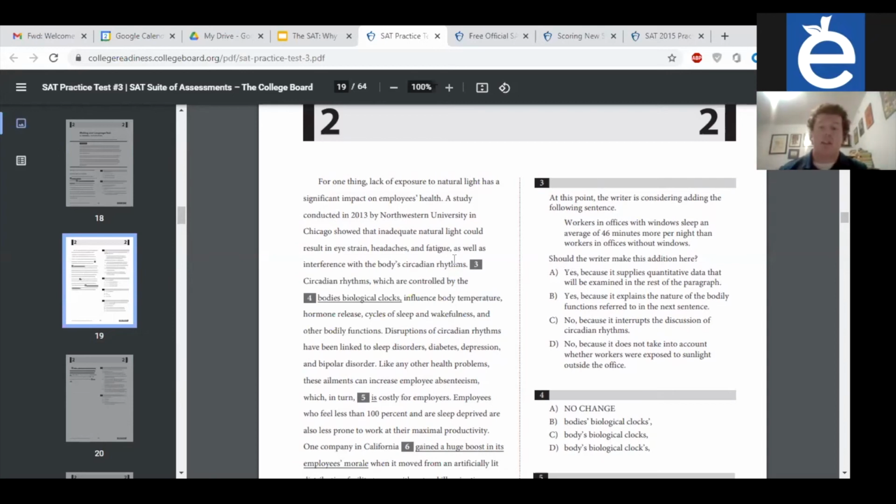D, it does not take into account whether workers were exposed to sunlight outside of the office. While it might be true about our statement, it doesn't apply here. It's not the reason we want to take it out. So if we come in with our own reason ready, we can compare, and that way anything that's irrelevant doesn't trick us into choosing it.